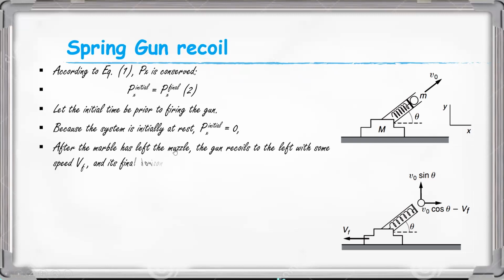After the marble has left the muzzle, the gun recoils to the left with some speed Vf. So its final horizontal momentum is minus M Vf.